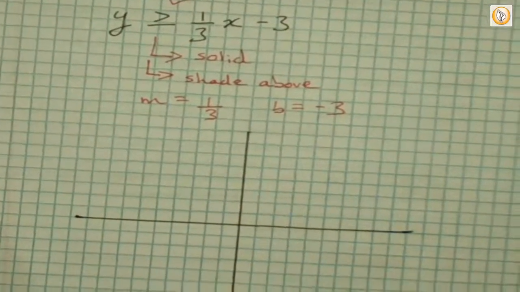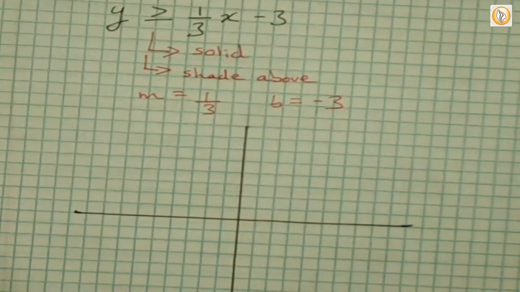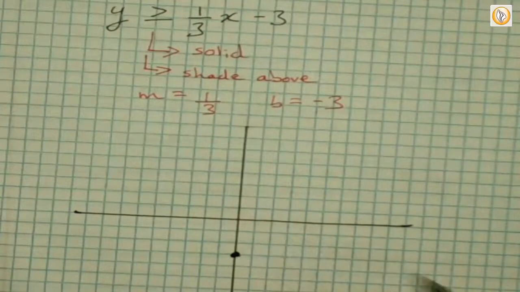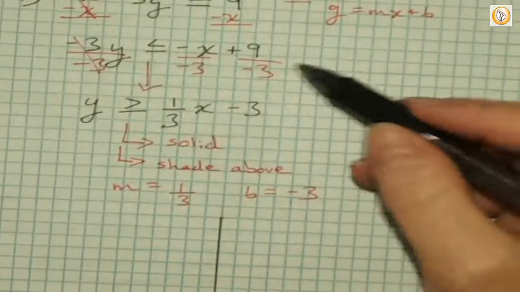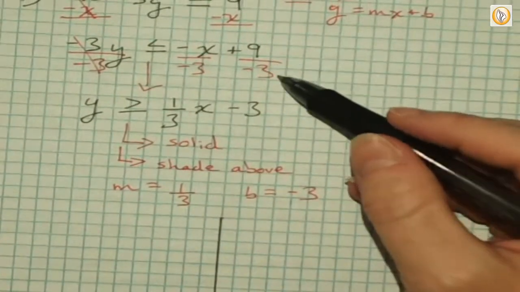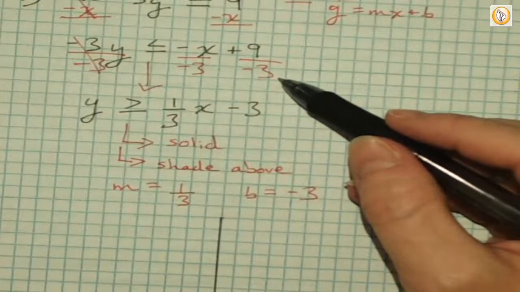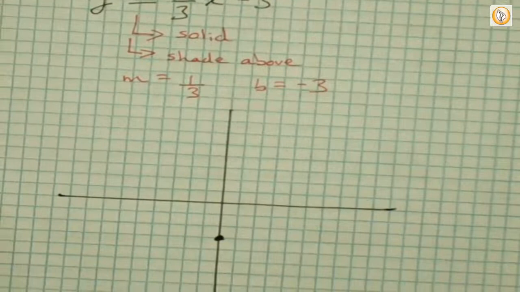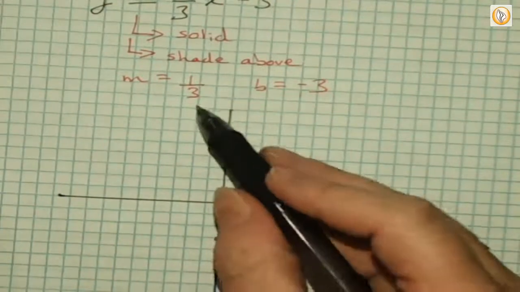What's the first thing I plot, Michael? The -3. Very good. Wait, isn't it -9 divided by -3? So what's 9 divided by negative 3? Got it? Okay. And then my slope is 1 over 3.